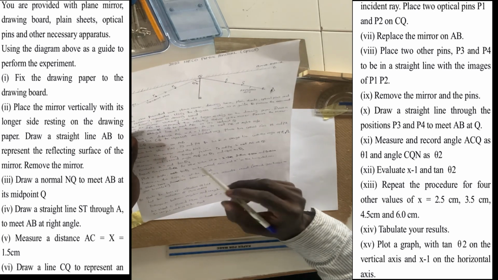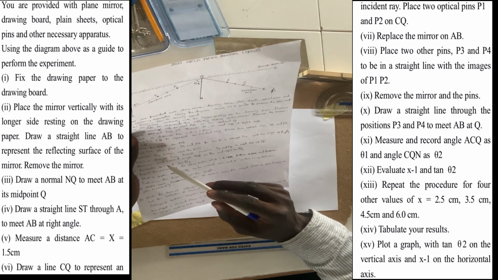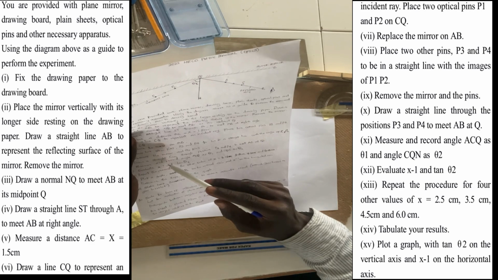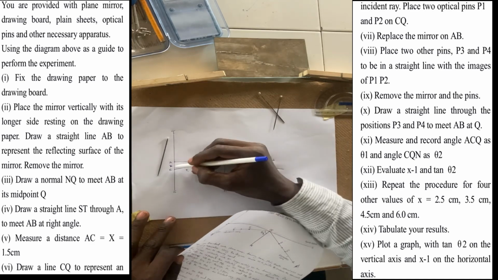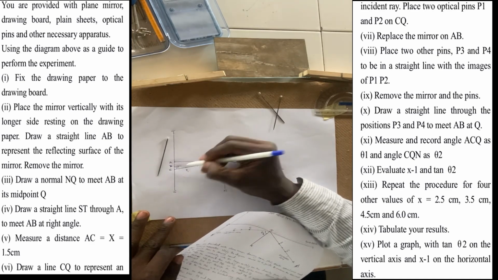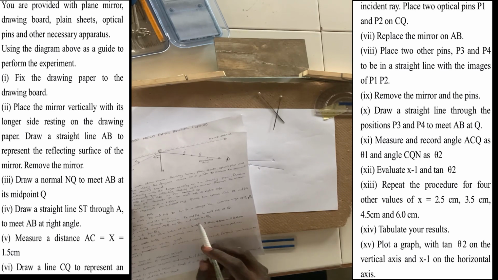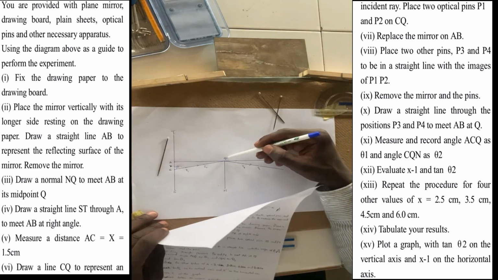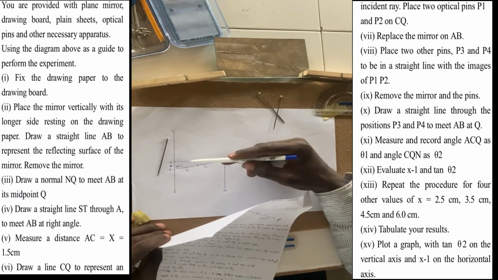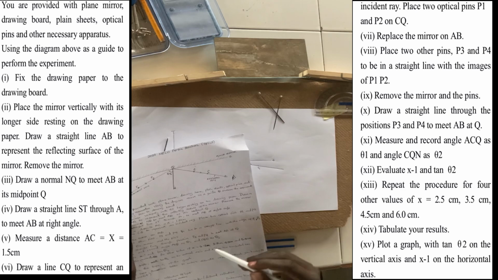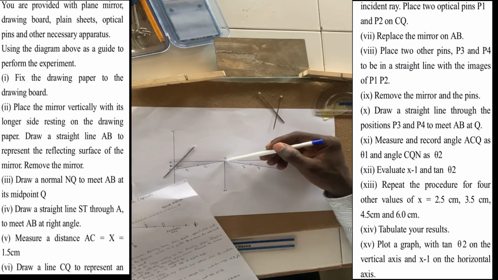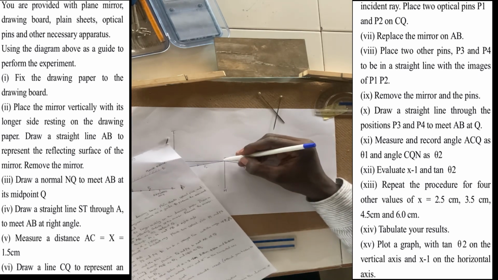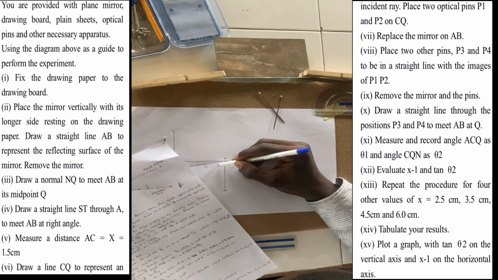So now we have to measure angle ACQ. This angle here is angle ACQ, which is theta 1. And then we measure angle CQL, the angle outside here, as theta 2.